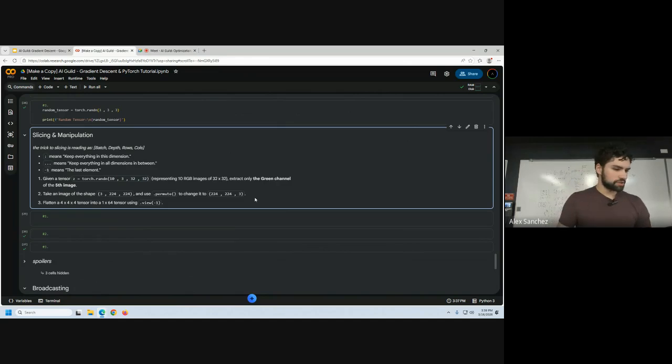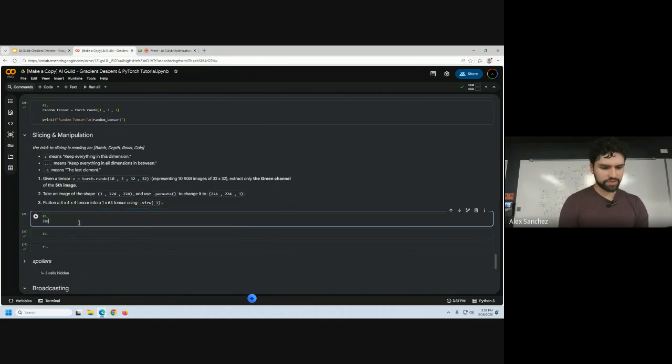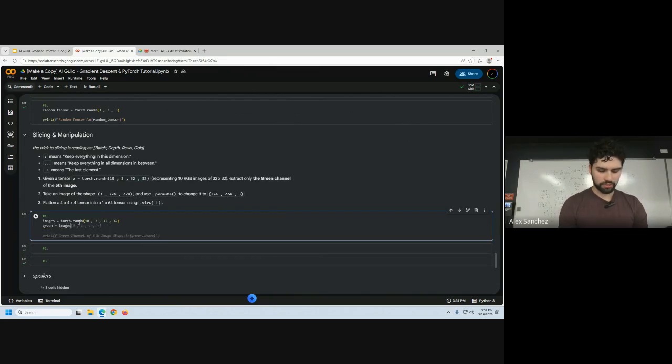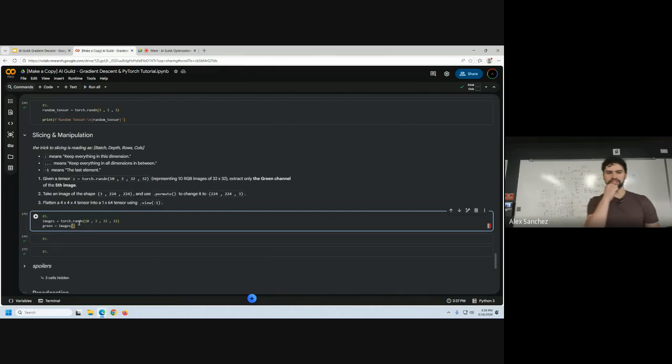So first, let's declare the images as the Z value that we were given there, right? Everything is indexed from 0 onwards, so the 5th image would be the 4th index.